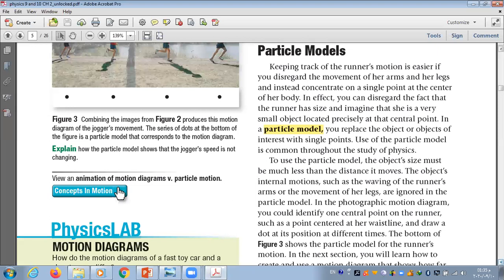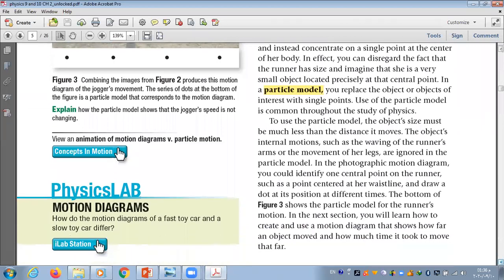The object's internal motions, such as the movement of the runner's arms or legs, are ignored in the particle model. In the photographic motion diagram, you could identify one central point on the runner, such as a point centered at her waistline, and draw a dot at its position at different times. The bottom of figure 3 shows the particle model for the runner's motion.